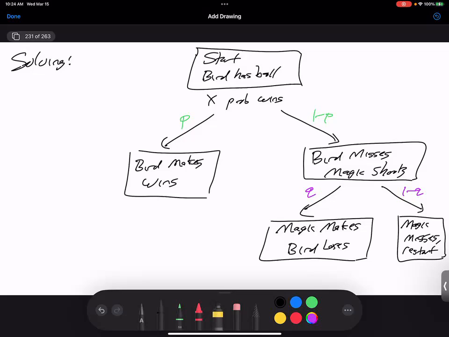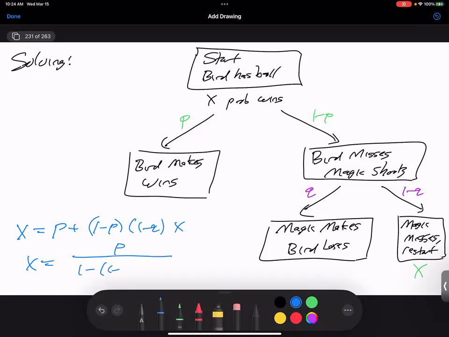From this point onward, the probability that Bird wins is just going to be X, because it's like we've restarted the whole game. So we get the equation X is equal to P plus (1 minus P)(1 minus Q) times X. So we get X is equal to P over 1 minus (1 minus P)(1 minus Q).